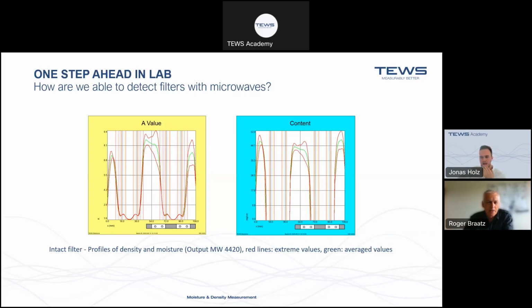We measure the moisture and the density of the cigarette or filter rod by microwaves, and usually we have two parameters: the water content and the density, the weight per centimeter of rod, tobacco rod or filter rod.